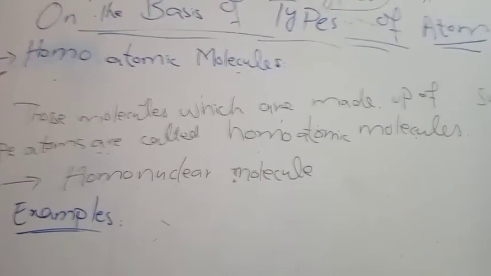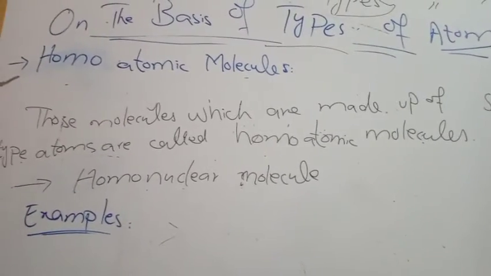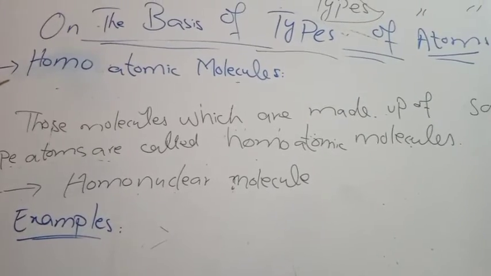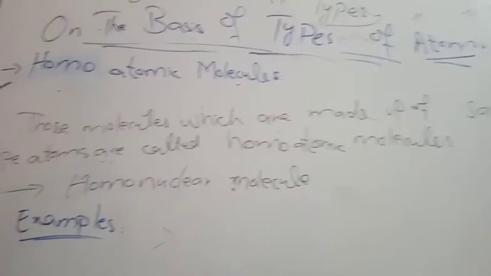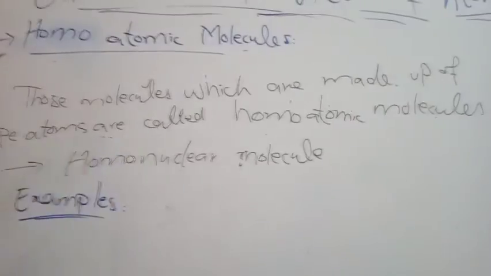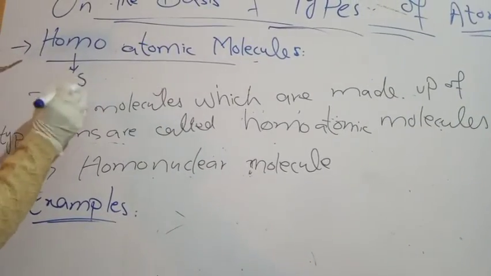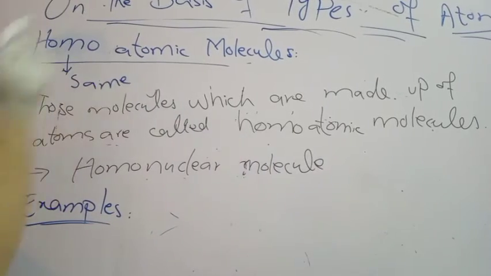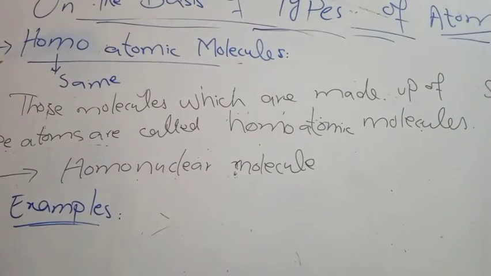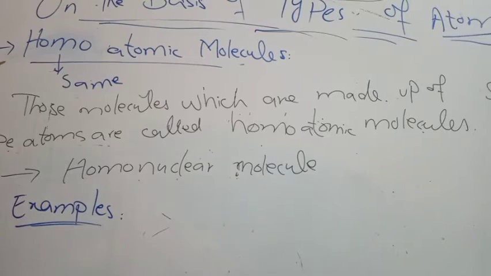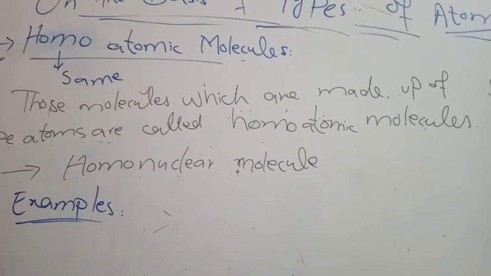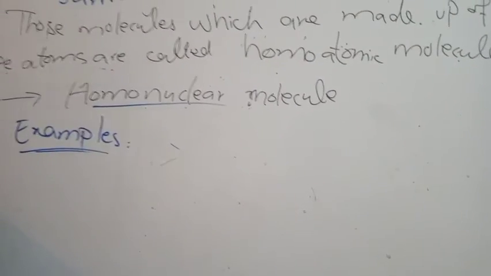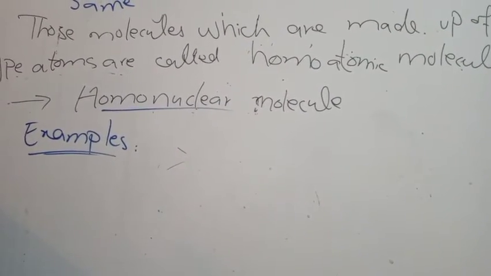Okay students, now I will discuss the types of molecules on the basis of type of atoms. The first type is homoatomic molecules. Homo means same. So those molecules which are made up of the same type of atoms are called homoatomic molecules. These are also known as homonuclear molecules because they have the same nucleus.